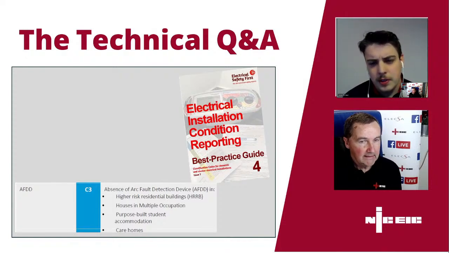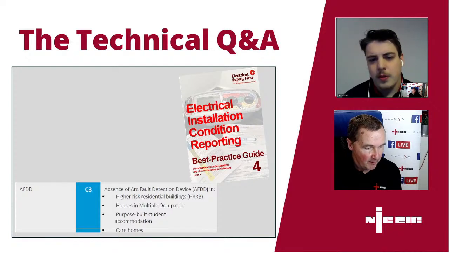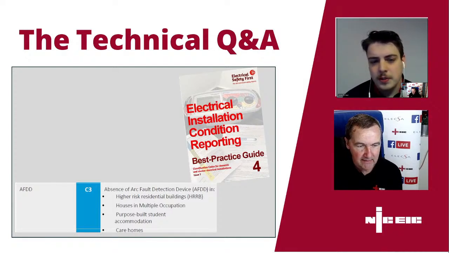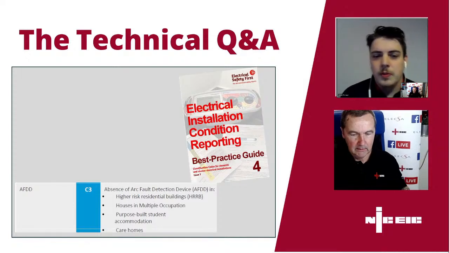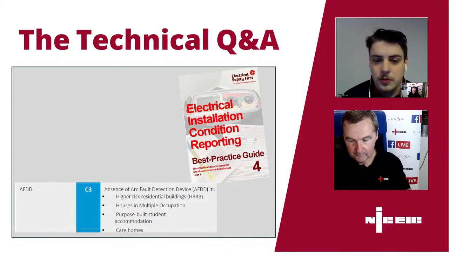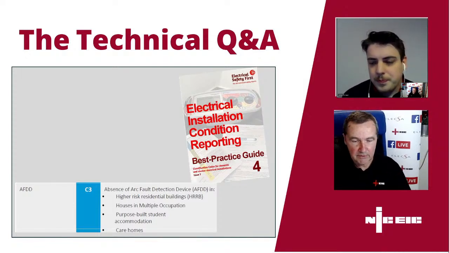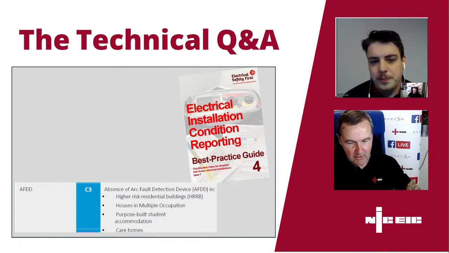Does it say socket outlets? It didn't on the question, but that's because that's the only requirement in 7671. It's for socket outlet circuits rated up to 32 amp. Outside of that, generally, wouldn't be classified with a code at all. Absolutely. So if it was, for example, a lighting circuit, then it's not seen as non-compliant at all.